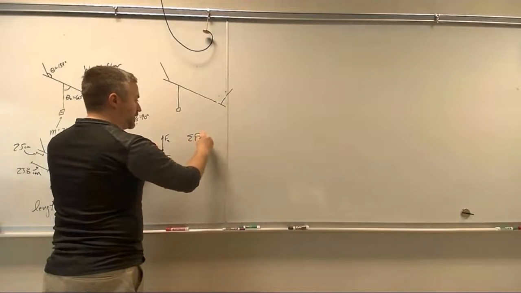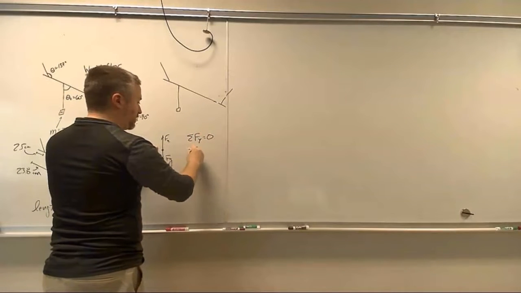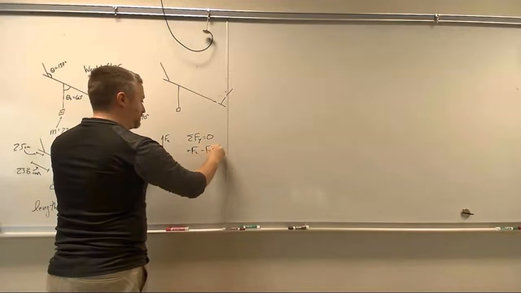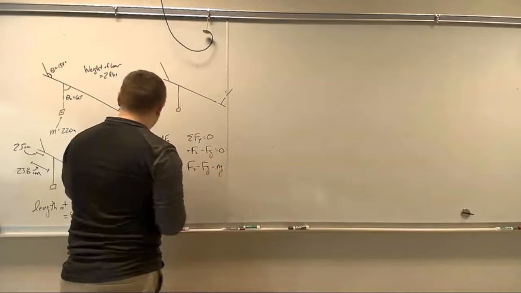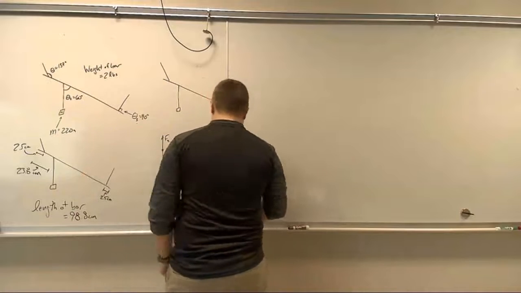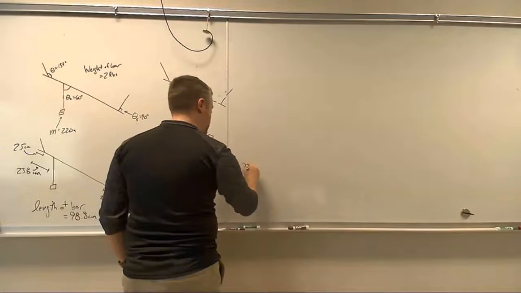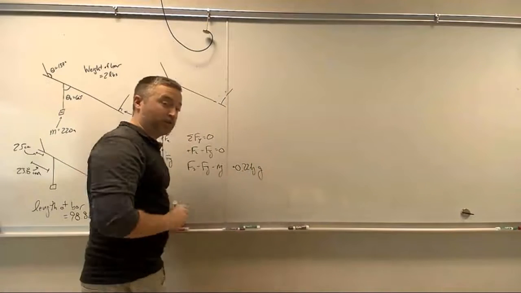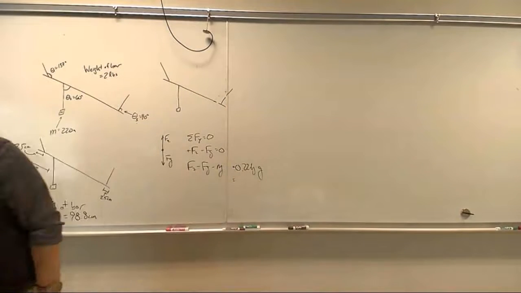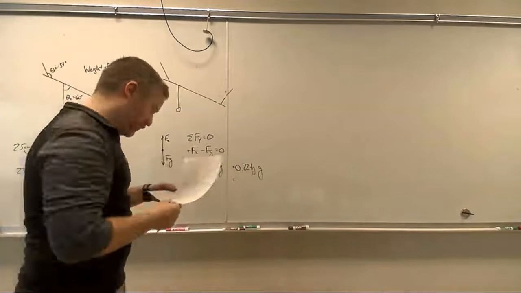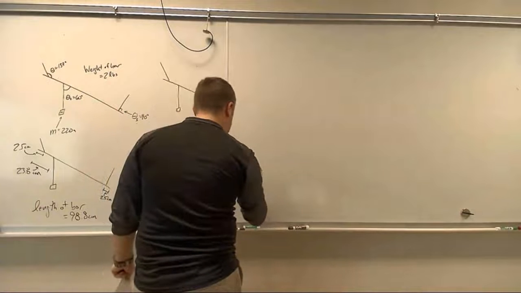Sum of forces in the y equals 0, so F2 positive, negative Fg equals 0, so F2 equals Fg equals mg. You'll note right over here that it's 220 grams or 0.22 kilograms multiplied by g gives us an answer of, I have my answer key here somewhere, 2.16 newtons.